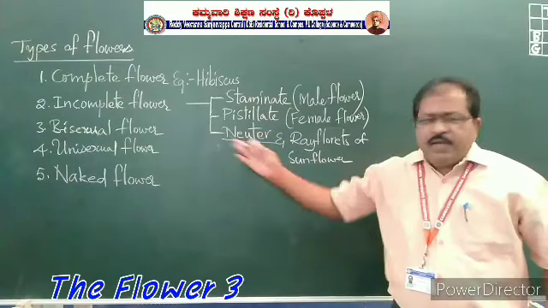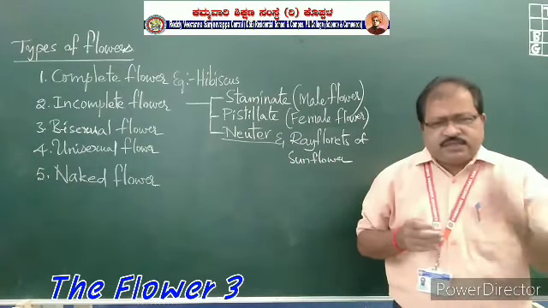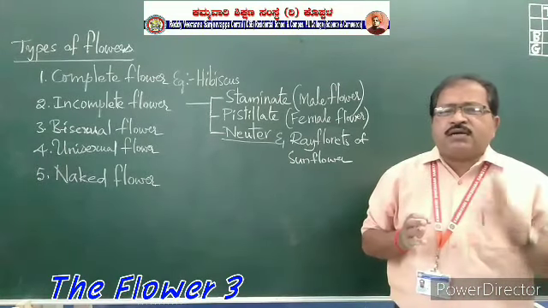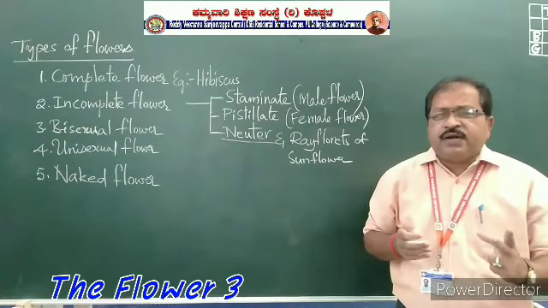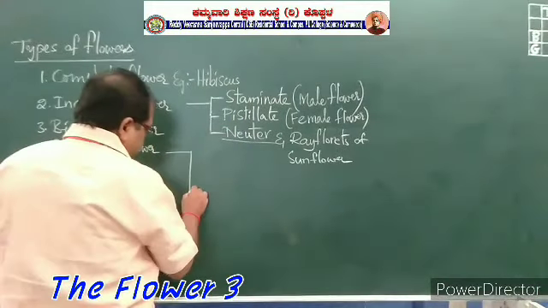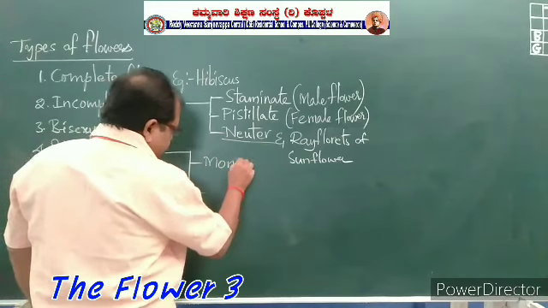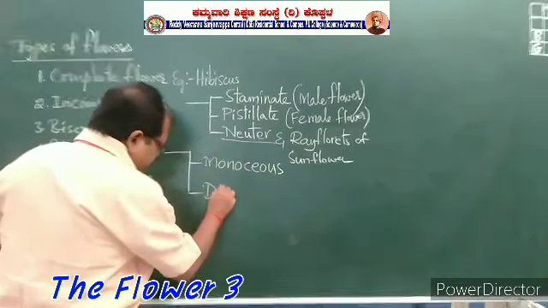Okay, and based on the sexual part present in the flower, the unisexual flowers are classified. The plants of the unisexual flowers are classified into 2 types. That is monoecious and dioecious.